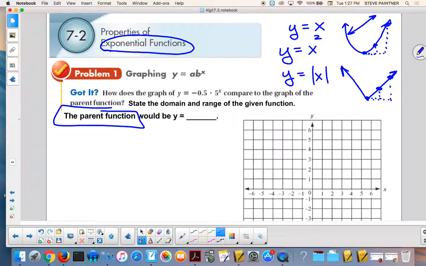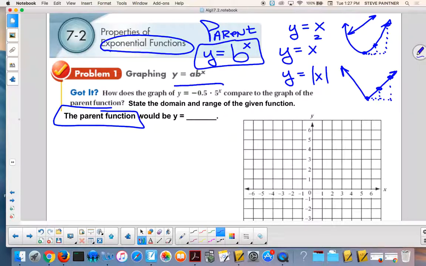What's the parent? Here's the parent. This you might want to write down. The parent will always be y equals, find your base, raise it to the x, and that's your parent. So when I say what's the parent, you'll tell me y equals whatever number to the x power. Okay, look here guys, you're going to graph this.